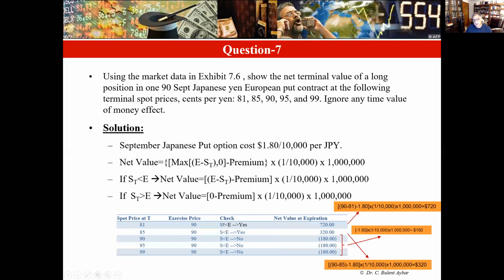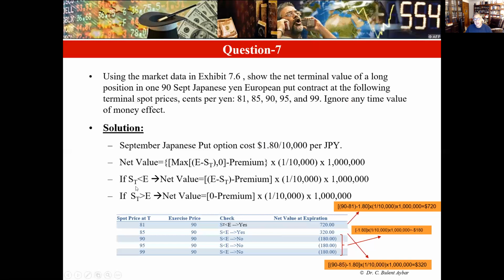If this is negative, obviously it is going to be 0, and then we will have to subtract the premium regardless. In this particular case, the put option premium is 180. That implies $0.000180 dollars per Japanese yen, as you see in here. So we will do the math based on that.